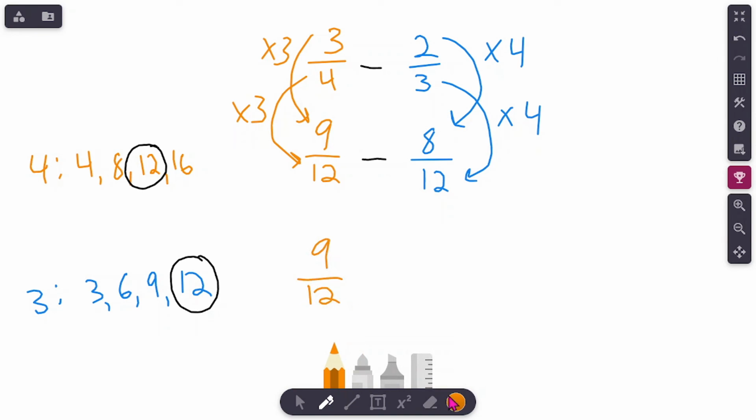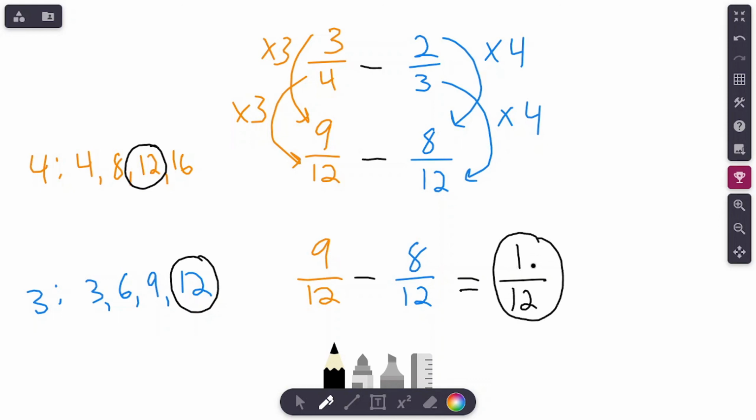We've got 9/12 minus 8/12. The denominators are both 12. So now we can subtract. 9 minus 8 is 1. Denominators stay the same, and you get a final answer of 1/12.